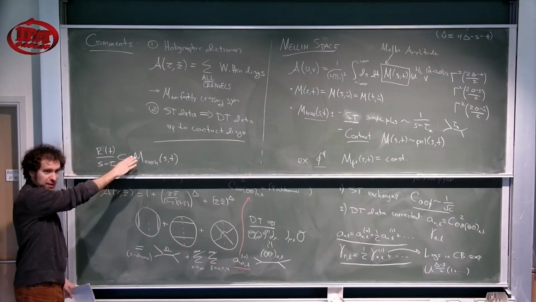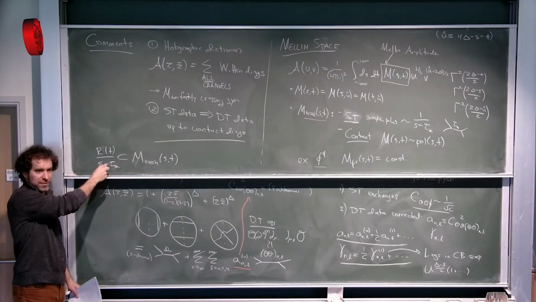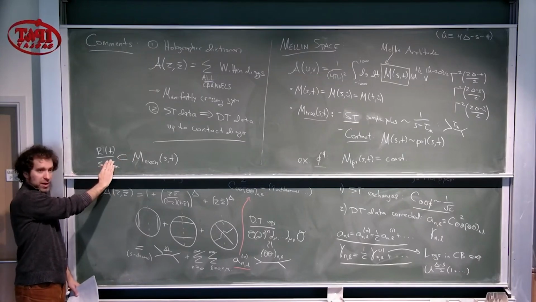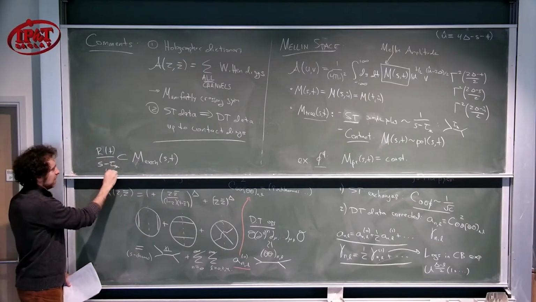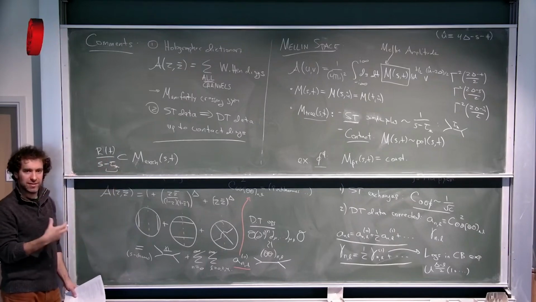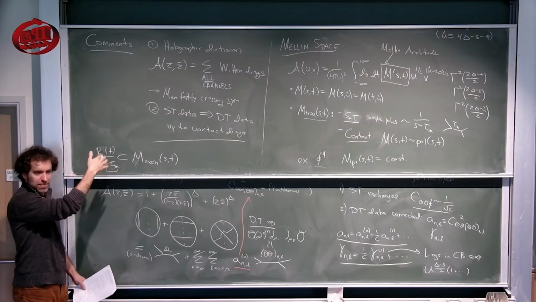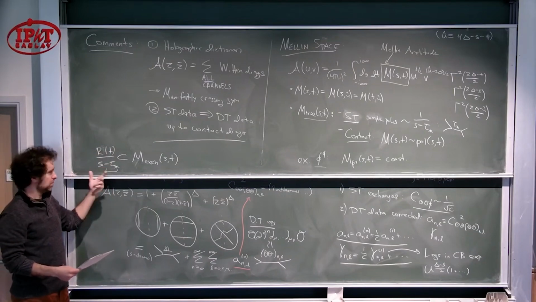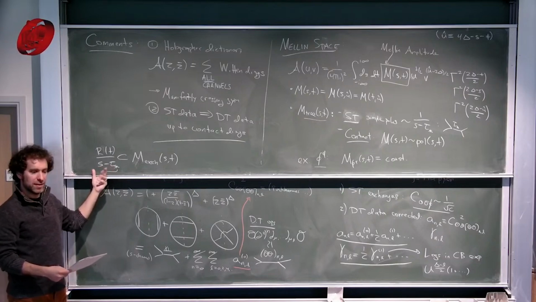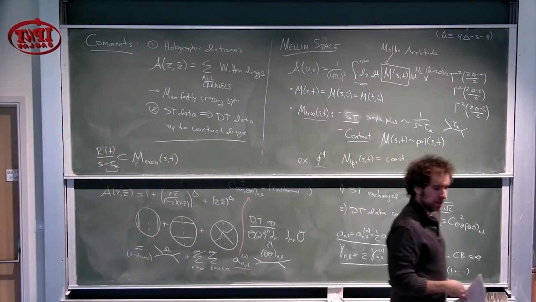Even if there are massless fields here, your AdS Mellin amplitudes will involve 1 over s minus some shift. You take a large s limit, this just becomes 1 over s, which is the massless pole, the S matrix pole of the massless exchange. You can think of this as a finite size correction due to the AdS box. Expanding at large s, the leading term is just that, but then you get an infinite series of corrections that resums into this shift. That's a useful way to think about the form of AdS Mellin amplitudes. Even for massless fields, you get these shifted poles, encoding the fact that L_AdS is finite.